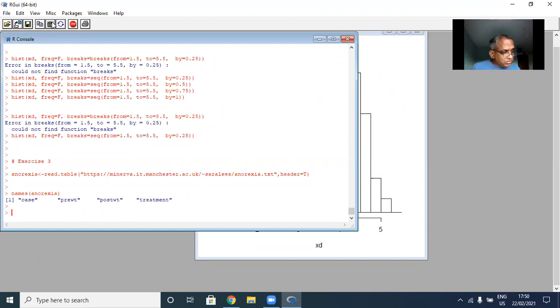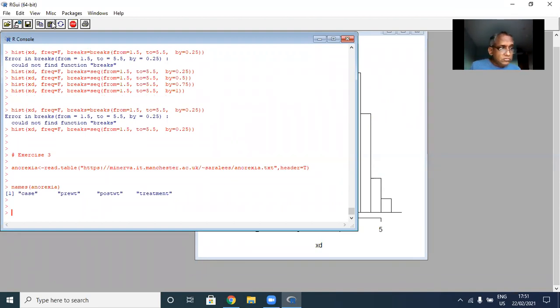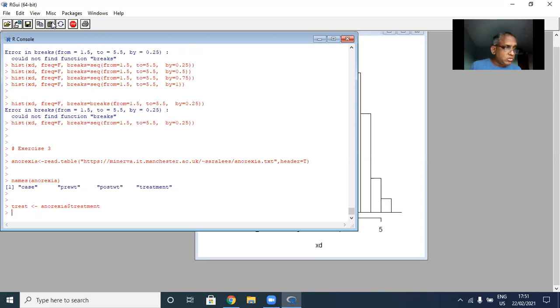Now, the question here is to determine which of the treatments is most effective and why, right? That's the question here. So what you need to do is the following. Let me, for short, instead of calling it treatment, which is a long word, call it treat, all right?